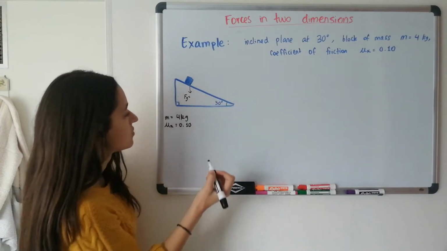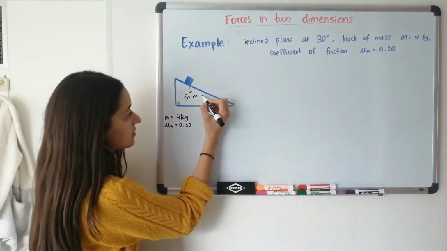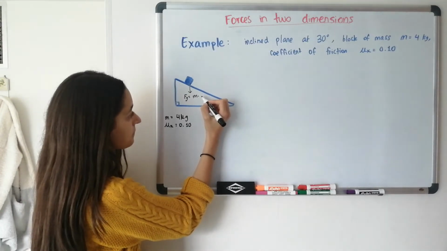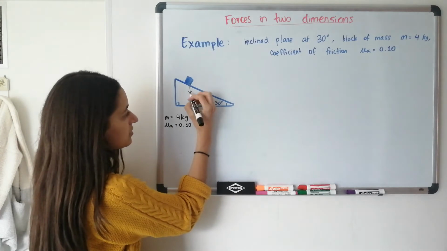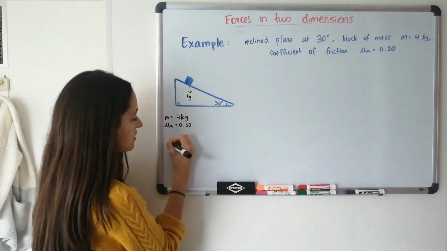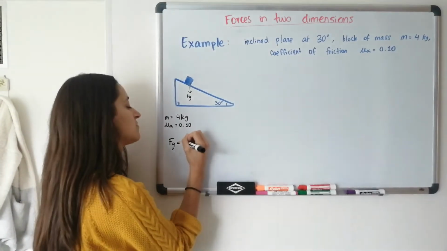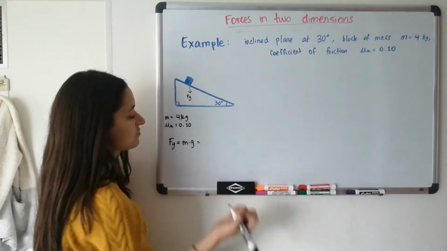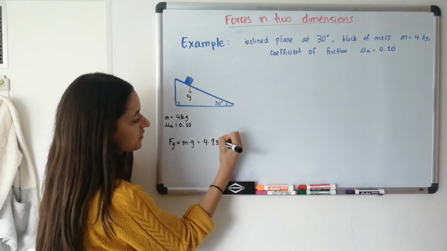So now again, the force of gravity, I think it will look more organized if I put it down below. So what we know is that the force of gravity, or the weight, is mass times g. So that is 4 times 9.8.